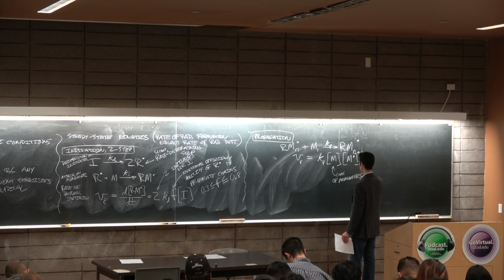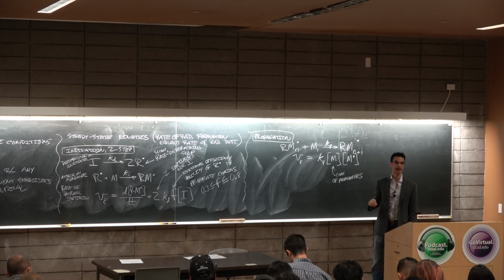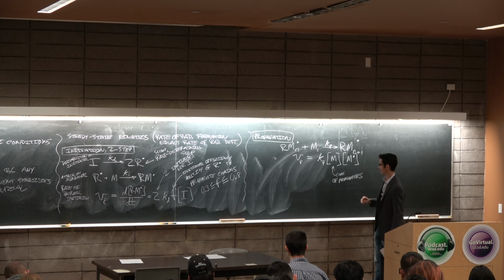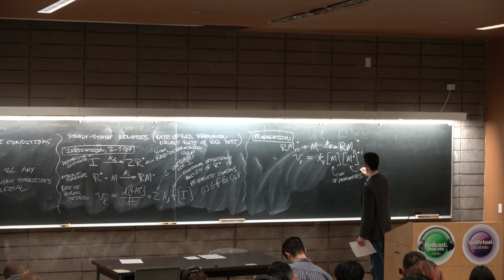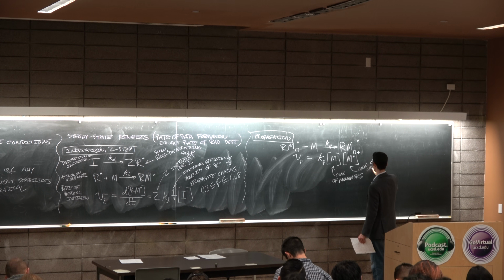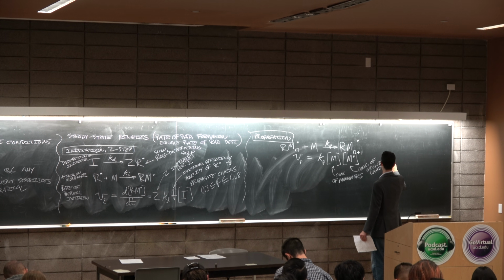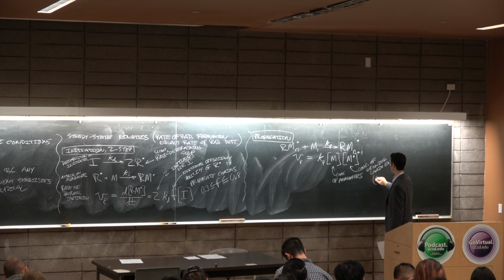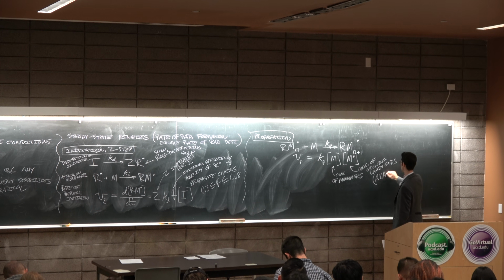This is the monomers present in the system at a given time. And this is the concentration of growing chain ends, also known as active centers.